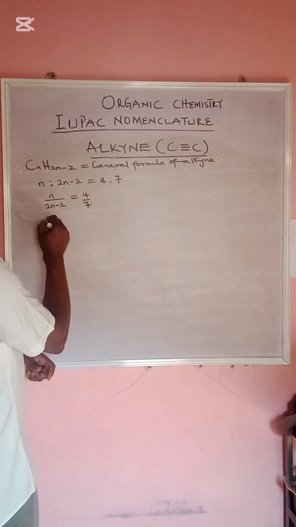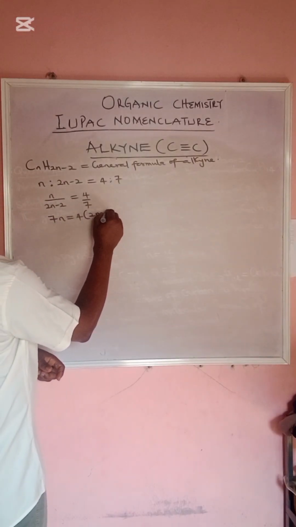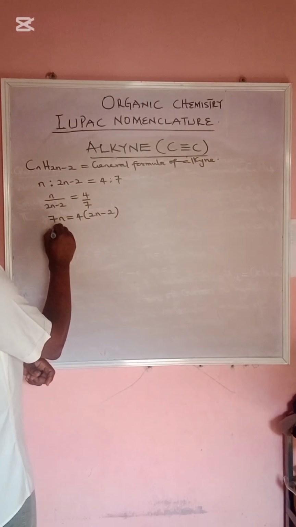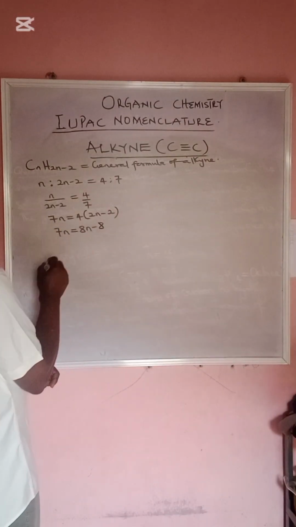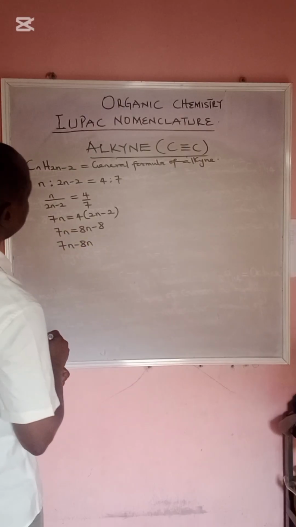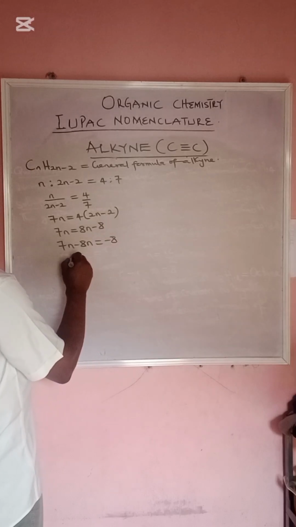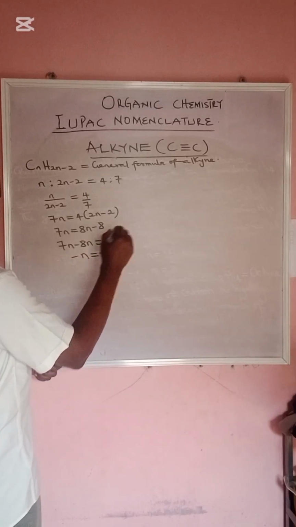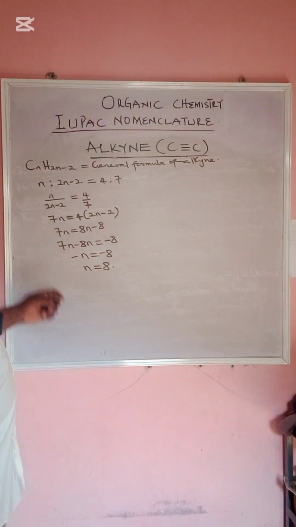Let's cross multiply: 7n is equal to 4 times 2n minus 2. 7n is equal to 8n minus 8. 7n minus 8n is equal to minus 8. Minus n is equal to minus 8. n is equal to 8. So we have gotten our n to be 8.